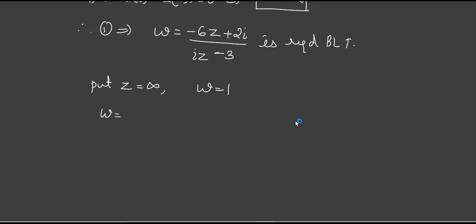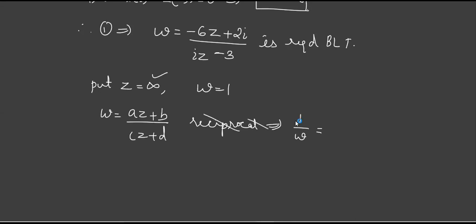So what is my equation 1? AZ plus B divided by CZ plus D. If any point, maybe Z or W, is infinity, you take the reciprocal of this equation. Got it? Else I can explain it in one more way. If any Z point is infinity, don't substitute first.